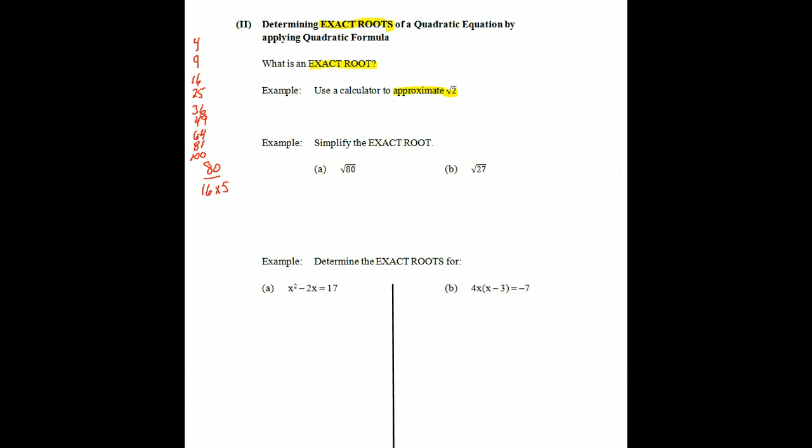So 16 times 5 will multiply to give us root 80. So we can break this down to 16 times 5. And again, 16 is the biggest perfect square that's a factor of 80.